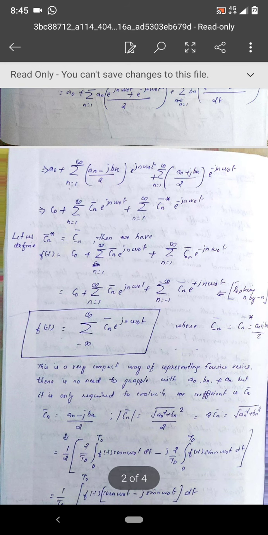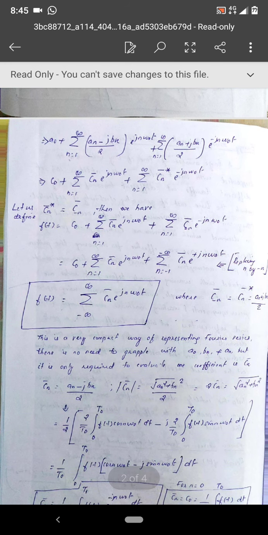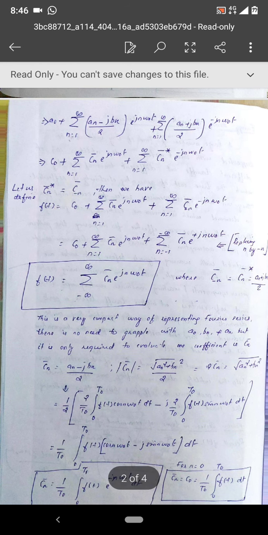That is Cn bar is equal to an minus jbn by 2, and therefore, a complex number has a magnitude and phase. So what is the magnitude? Magnitude is root of an square plus bn square, the whole divided by 2. So you can write 2 times the magnitude of Cn bar is equal to root of an square plus bn square.